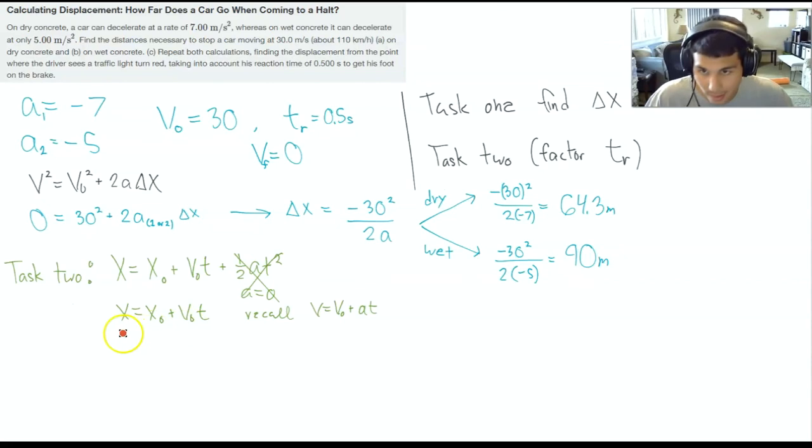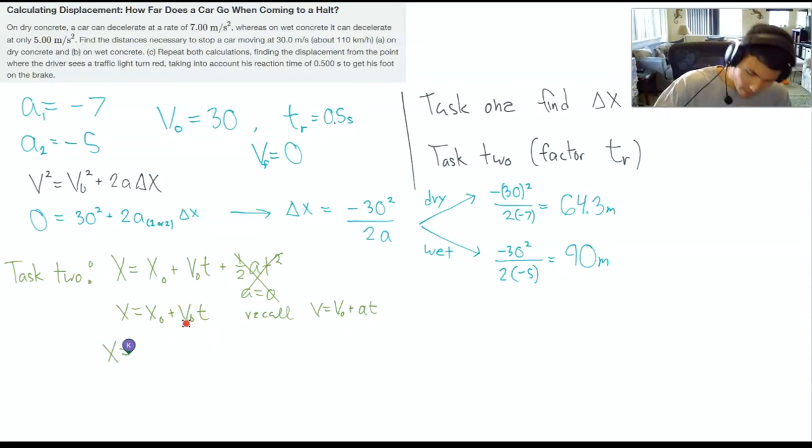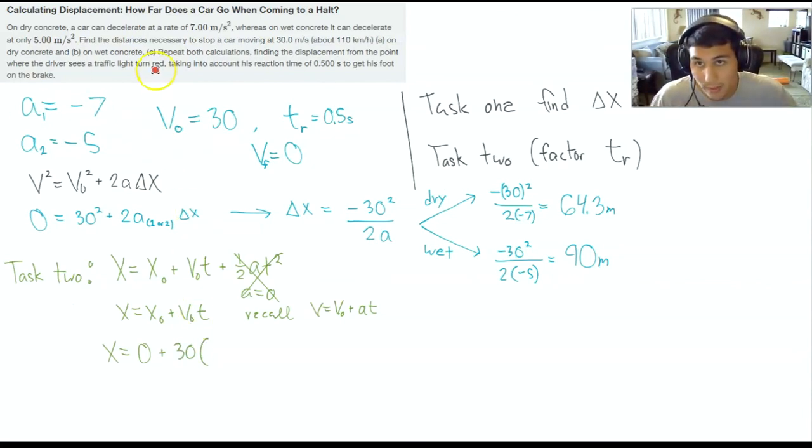Okay, nonetheless, we're going to find x because he does travel some distance before he hits anything. Okay, so x, and xo is 0, so 0. VO is 30, right? He's traveling at 30 meters a second, right?